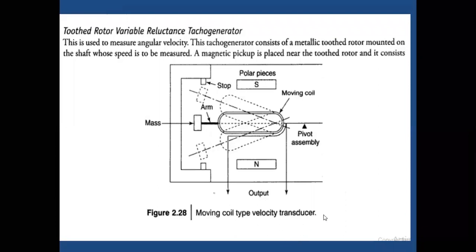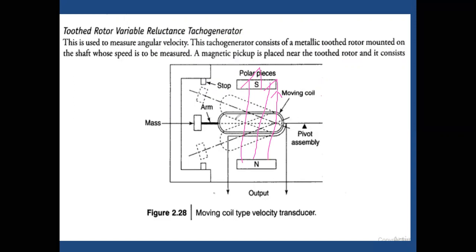This is one more type, the moving coil type velocity transducer. In the moving coil type, there are two polar pieces here, north and south. Obviously, from north to south the magnetic flux flows like this. The mass is connected on an arm, and this is the moving coil, which is pivoted at this point.